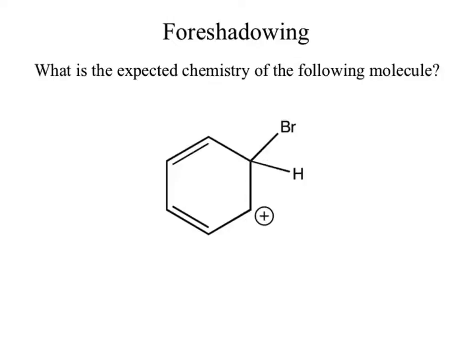Little foreshadowing. What kind of chemistry would you expect of the following molecule? Okay, there's an idea. We could do an addition. What type of addition would you be doing? We'd have to do nucleophilic addition because I need the negative to attack the electrophile.